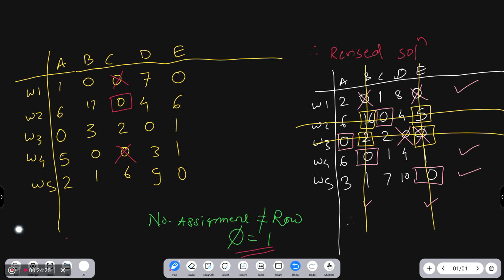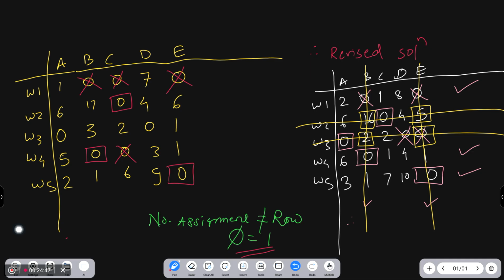In the third, there are 2, therefore we can't. Here, there is one assignable, then we can make an assignment and at the same time I will cross this one, right? Here, there is only 1 zero, so this is going to be crossed and there is no any zero in that particular group.